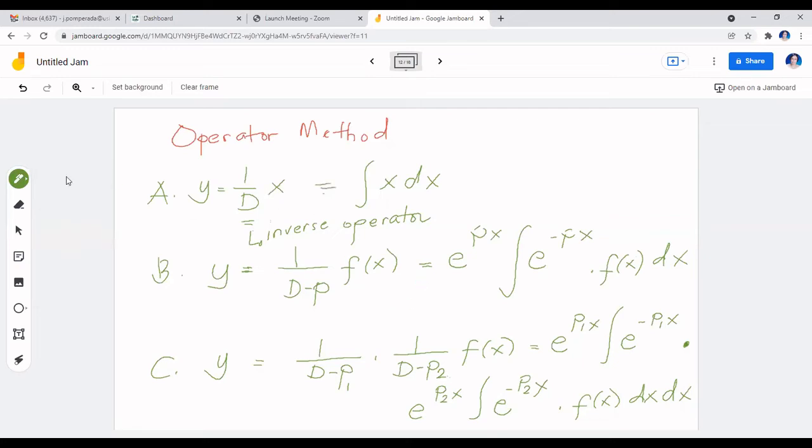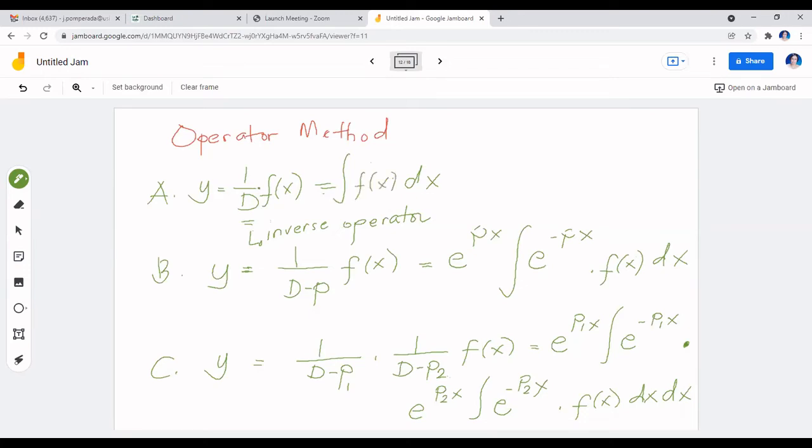So I will just place here f of x so that it would be general. Okay, so you have here f of x, and you have here the integral of f of x.